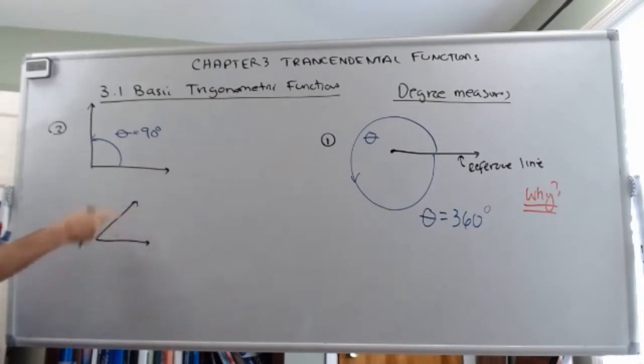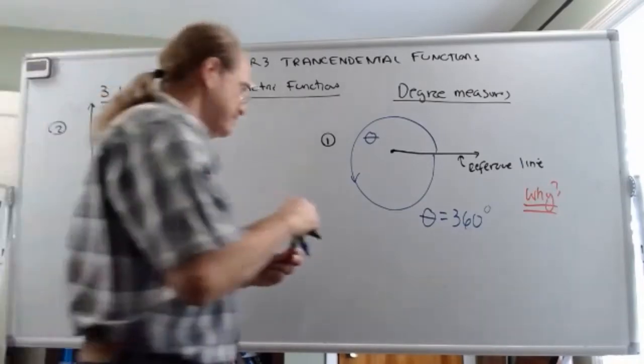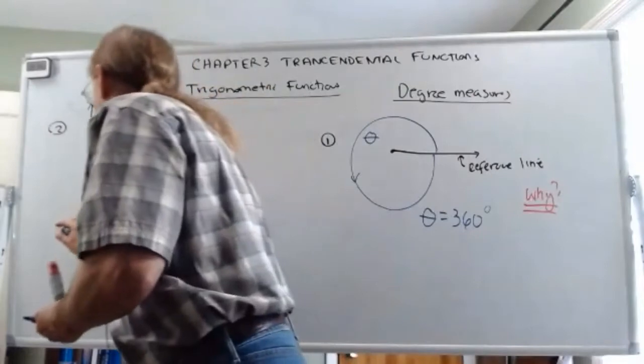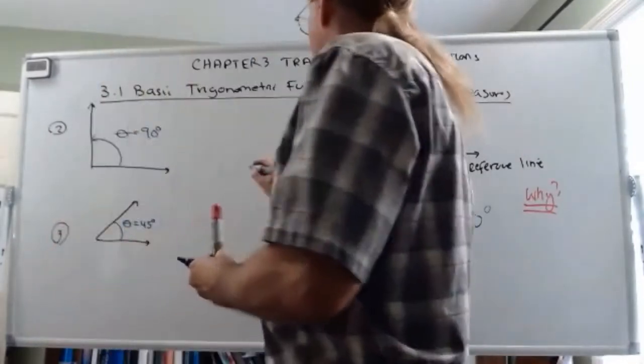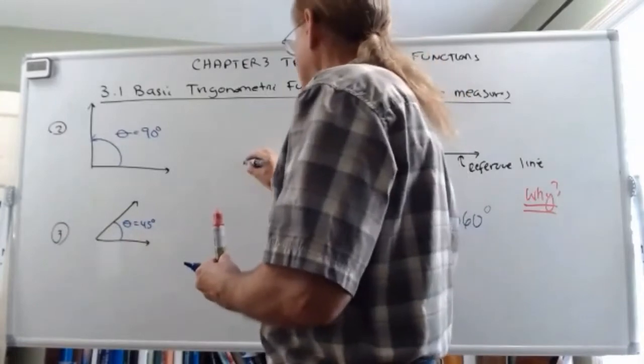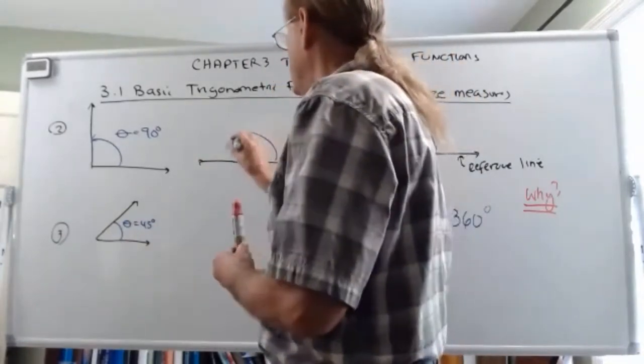This might be half of the distance through that, and we have theta is 45 degrees. And you can keep going. If I go one line here and the other line the opposite direction, you can see that angle there is 180 degrees.